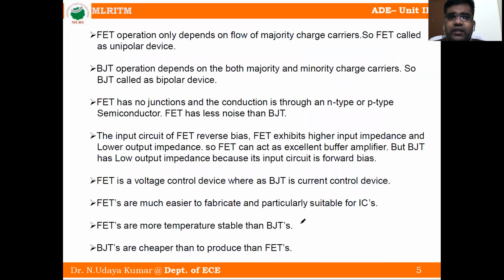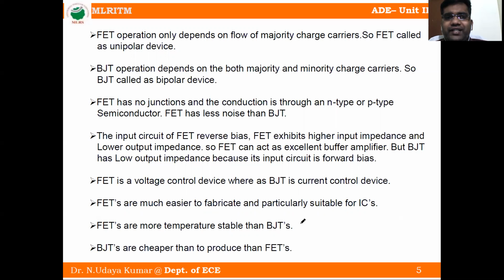Okay, so here we can observe that FET, field effect transistor, operation only depends on the flow of majority charge carriers. Just now we saw only one direction, majority charge carriers.